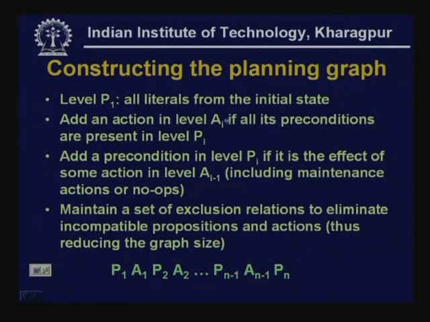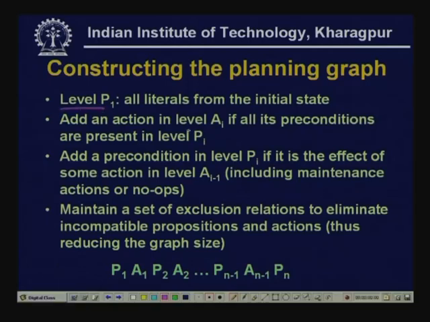So, P1 will include all literals in the initial state. Then we will add an action in level Ai. So, suppose we have Pi, we will see how to construct Ai. We will add an action in level Ai if all the preconditions of that action are present at level Pi.